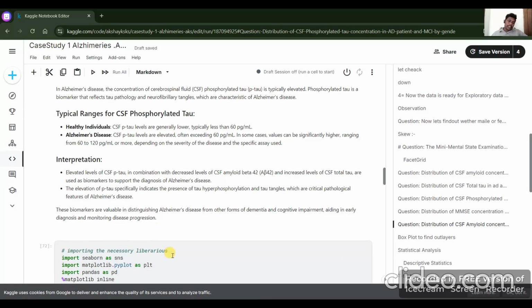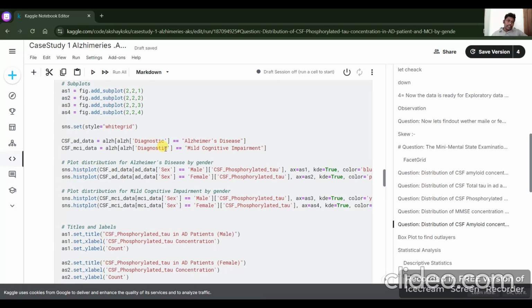Here is the code. First, import seaborn, matplotlib, pandas and other libraries. Then for Alzheimer's disease and MCI, we plot the distribution by gender, color. We have included male in blue.